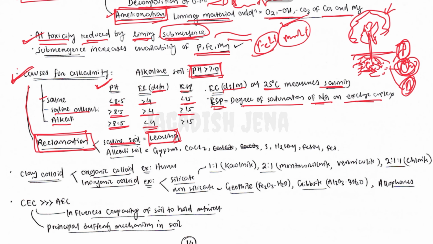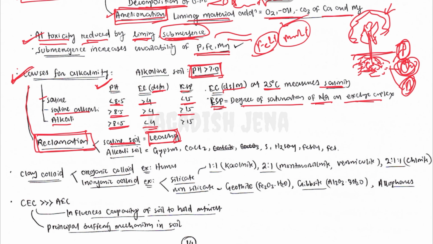You mostly find soluble salts in saline soil, not in alkaline soil, because in alkaline soil we generally find sodium carbonate and sodium bicarbonate.